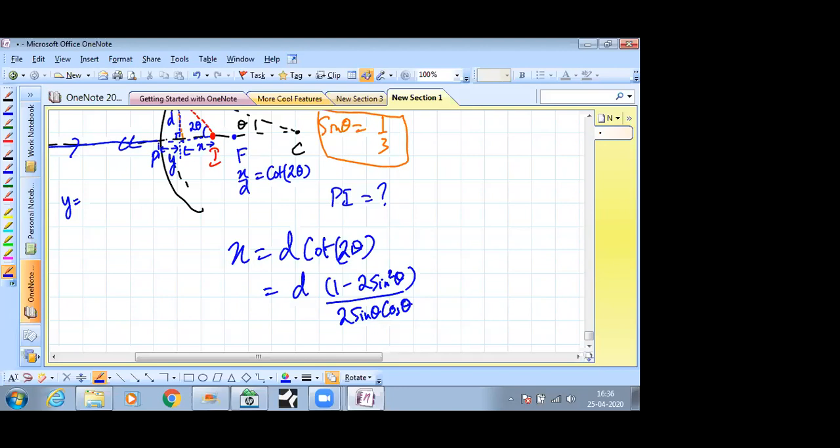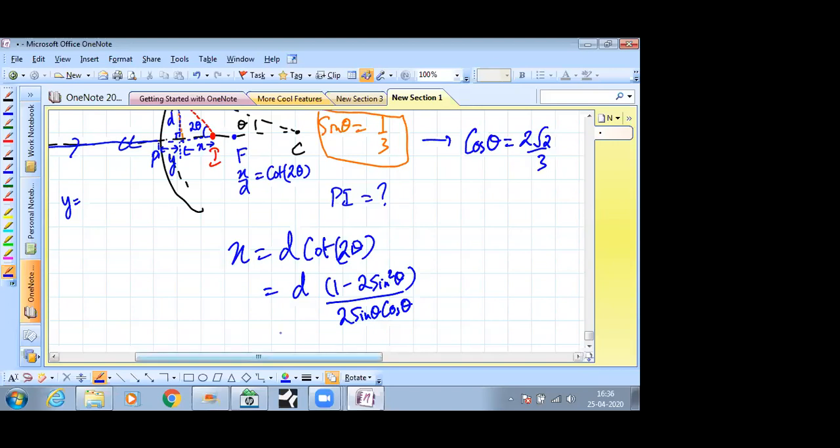You can do like this. Okay, and we have sin theta is equal to 1 by 3. So cos theta becomes how much? 2 root 2 by 3. Square root of 8 by 9.